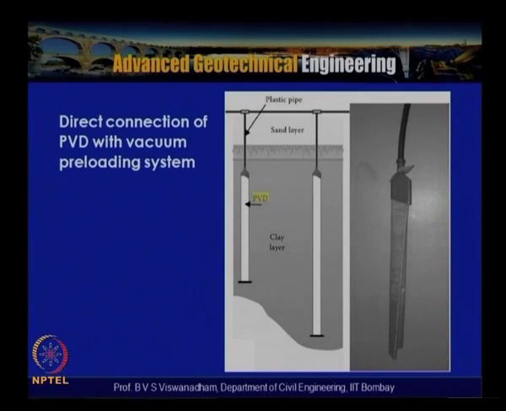In this particular module we have discussed the consolidation theories, and thereafter the different types of conditions like normally consolidated and over consolidated soils, and then finally methods for accelerating consolidation settlements, and particularly we have discussed in depth the usage of vertical drains in accelerating consolidation.